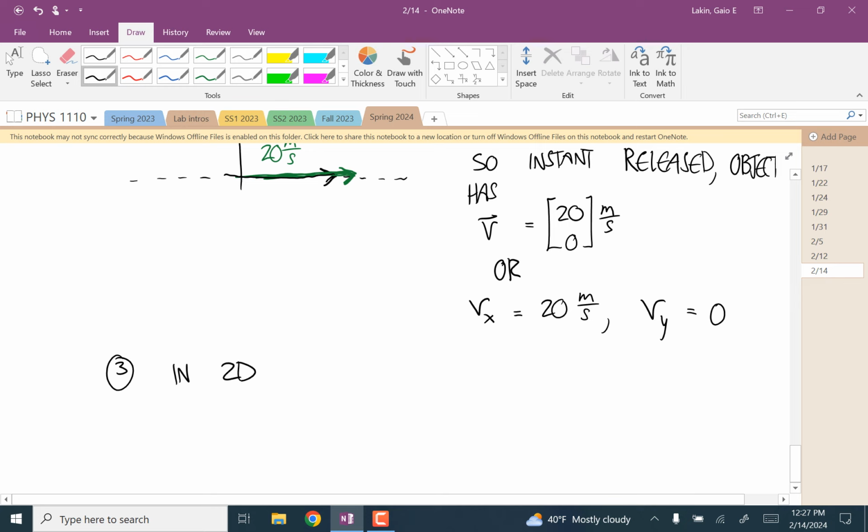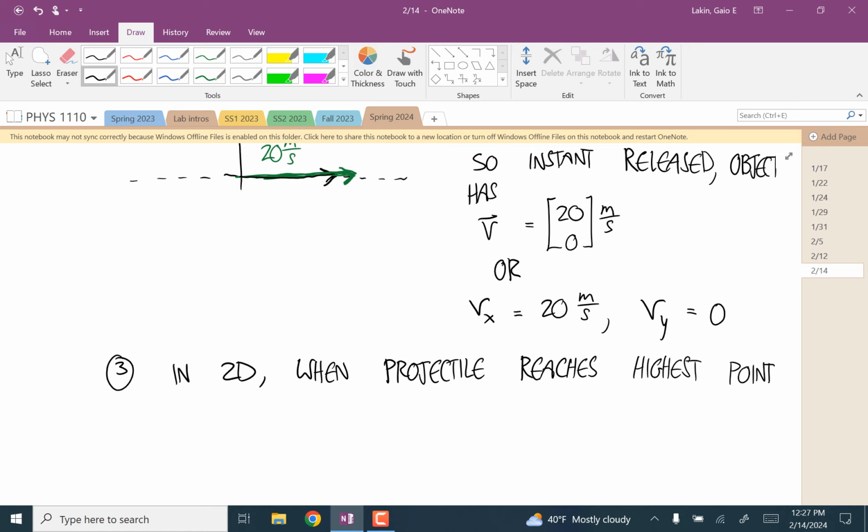So you might think in 2D, when a projectile reaches its highest point, that the velocity vector is equal to 0 at that instant, but that's not quite right.